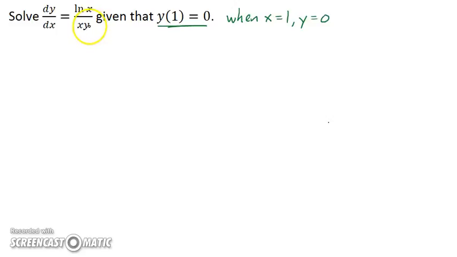So let me separate my variables. It's a little more complicated in here in that I don't want to take this whole denominator over to the other side. But I could multiply both sides by y. And I could multiply both sides by dx, and I think I have the separation.